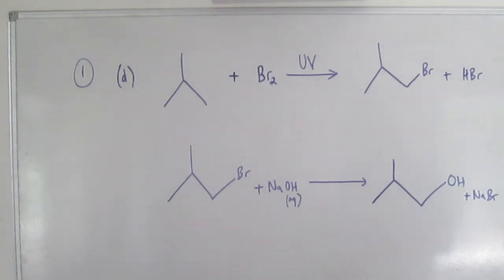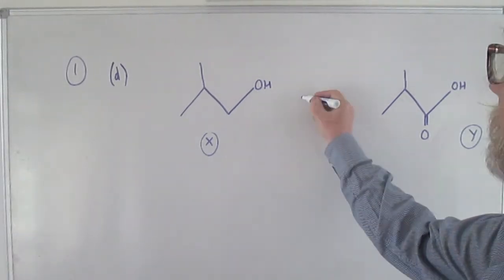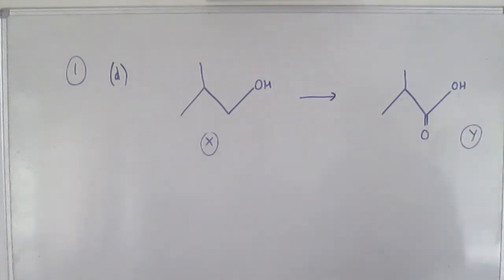So question D introduces this transformation that we can take 2-methylpropan-1-ol, compound X, and turn it into this. So it asked you, first of all, what was the name for the new functional group that we've created? And the functional group obviously is the COOH group, and that's called carboxylic acid.